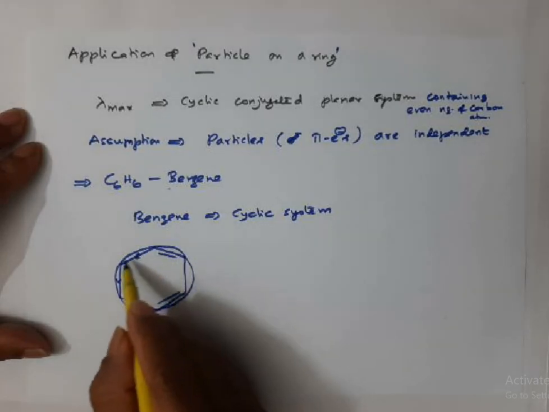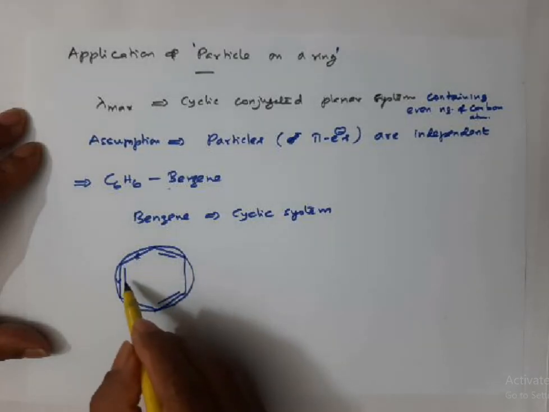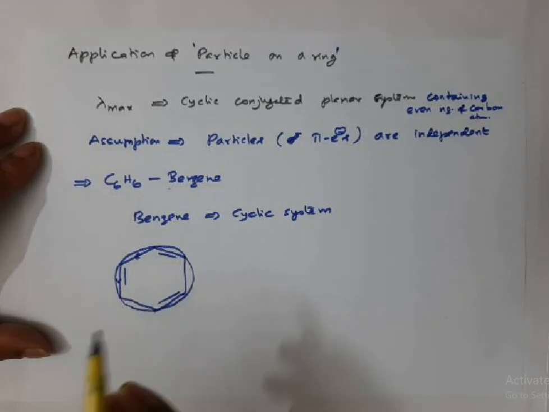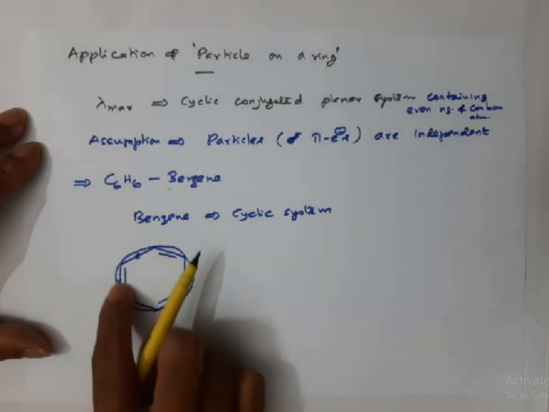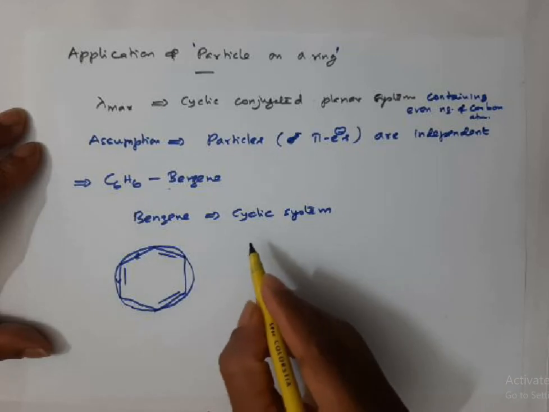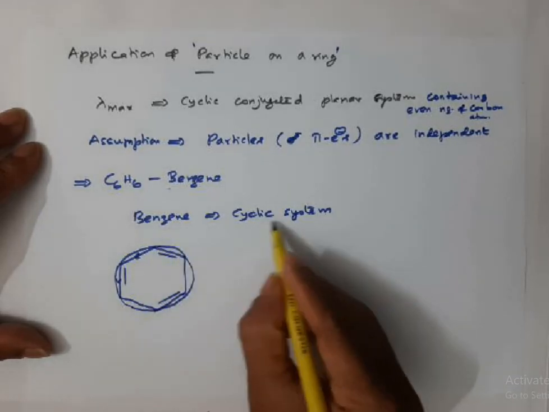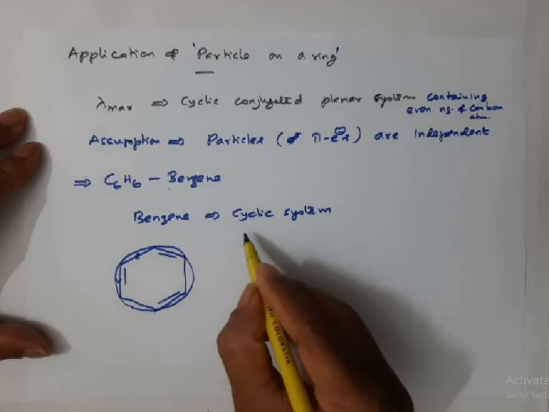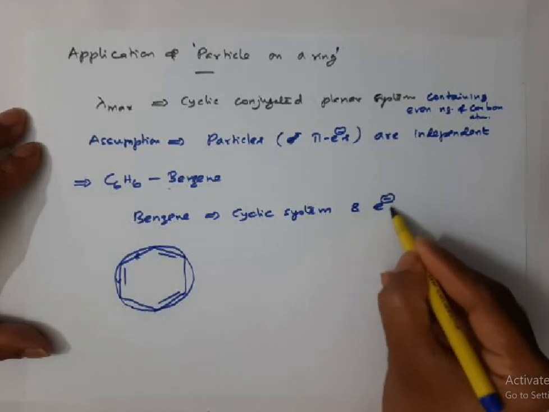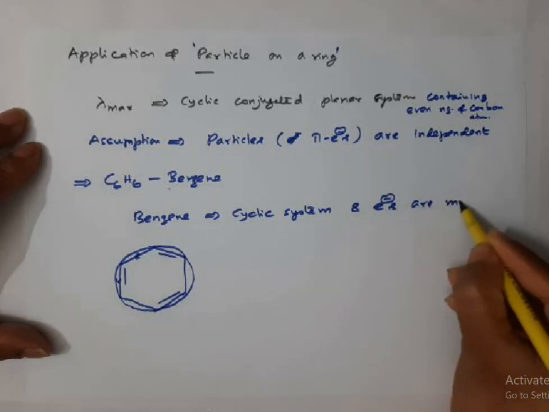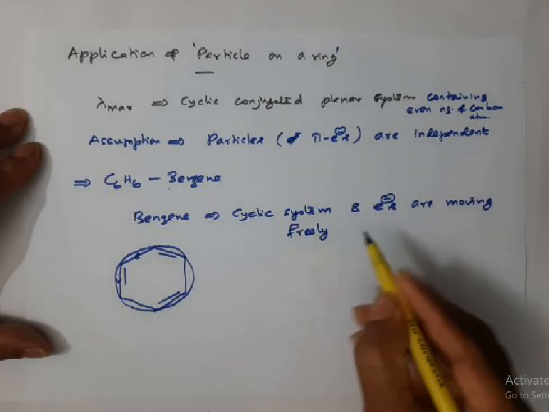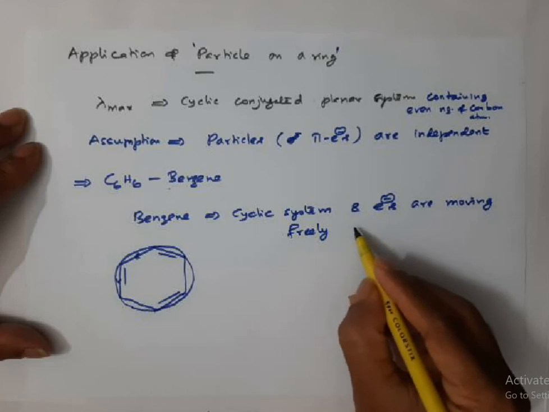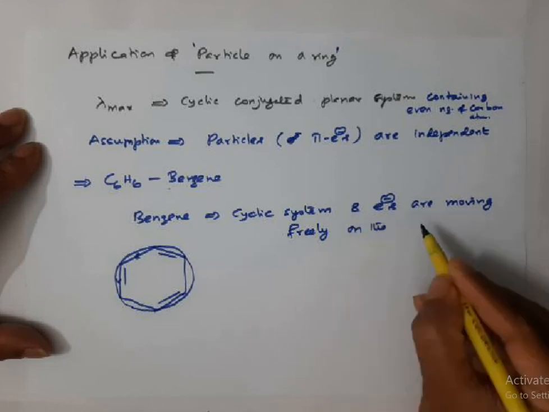I'm just approximating this planar hexagonal ring as a circular ring, and I'm also assuming that the pi electrons are freely moving along this circumference. So benzene is assumed to be a cyclic system, and electrons are moving freely on the circumference of the circle.